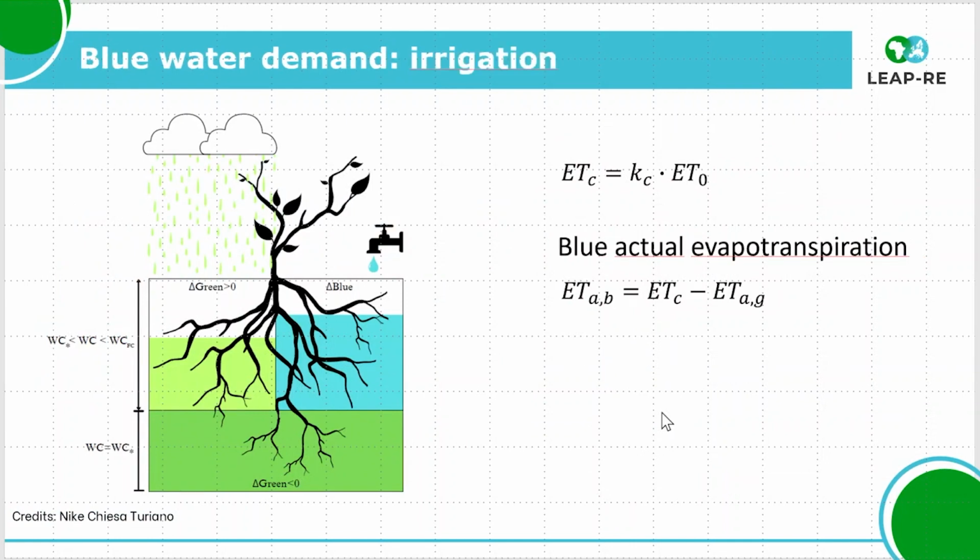As you can see, the blue actual evapotranspiration is calculated as ETc, which is the potential evapotranspiration, so evapotranspiration under optimum condition, minus evapotranspiration satisfied by green water.